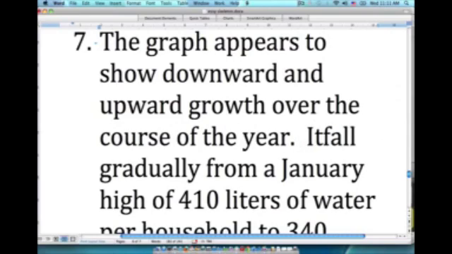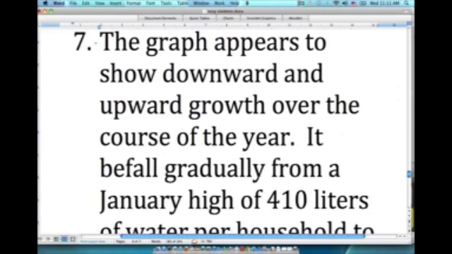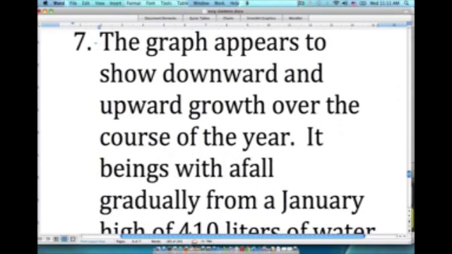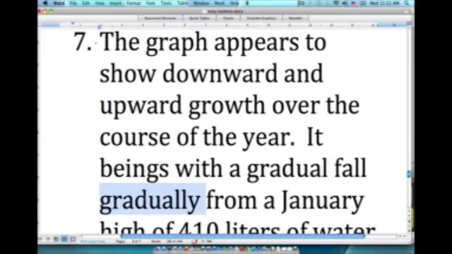And then we just change this from "fall gradually" to "it begins with a gradual fall."